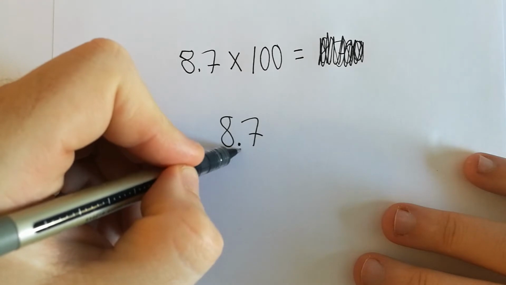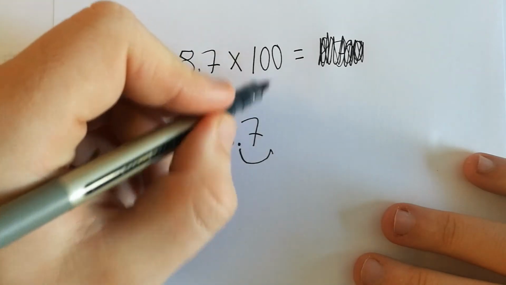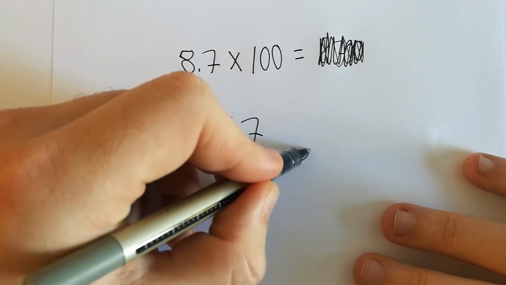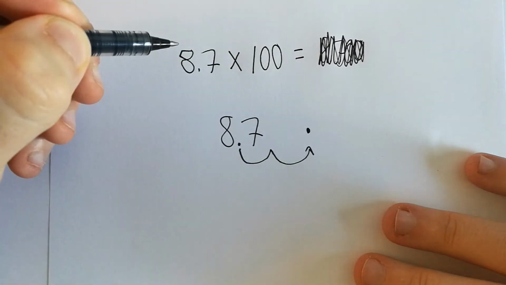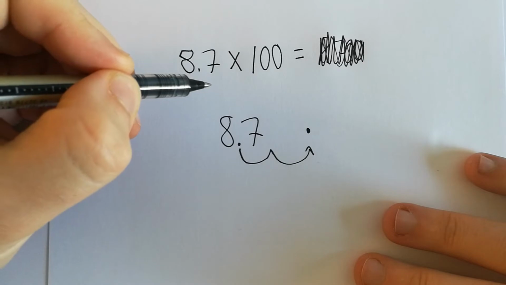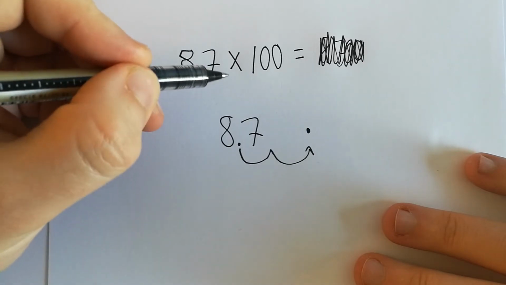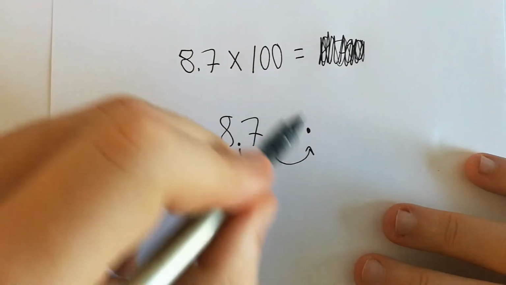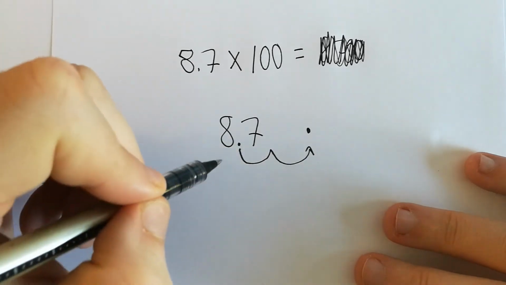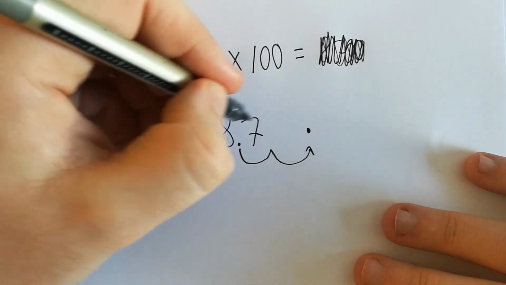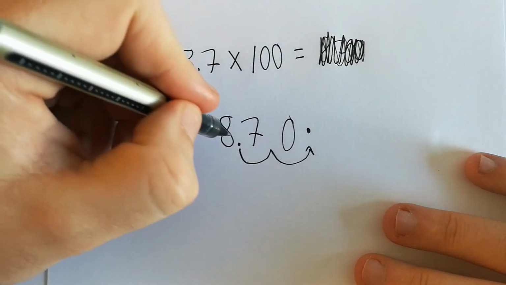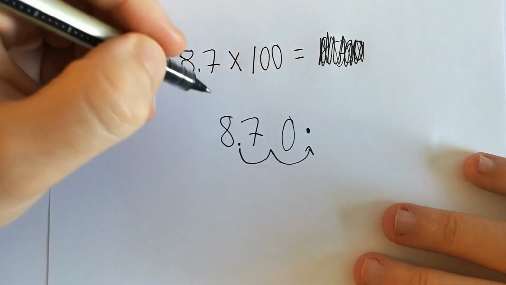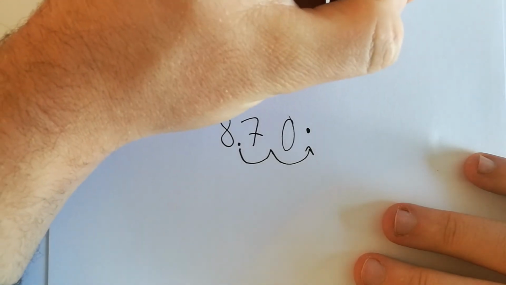So we're going to move it to the right once, which would be times by 10, and then again, be times by 100. So our decimal point's now gone to that. And feel free when you're working out in an exam or in life, you can just do your work in here, or you can write the number out as I'm doing here. Doesn't make much difference. And then you fill your gaps in with some zeros. So our 8.7 times 100, moved it twice, is actually 870.